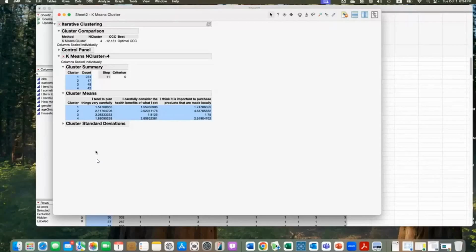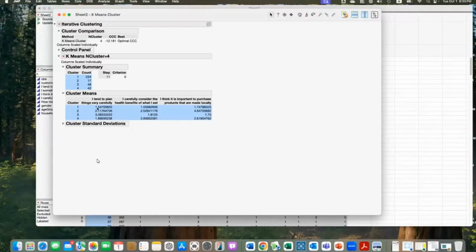So if we want to summarize the people in this cluster, you may see that they don't really plan things very carefully. The people in this cluster are more impulsive, and not really caring about the health benefits of the food they eat, and don't think much about whether food is made locally or not.